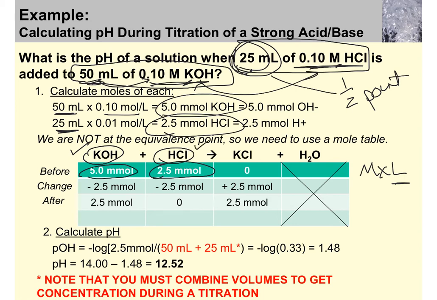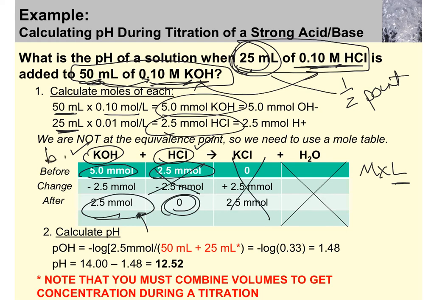So since HCl is the limiting reactant, it's going to disappear first, and we're going to have some KOH left over. And you can really ignore the salt that's formed in a strong acid-base reaction because it doesn't affect the pH. I just had it there to help you visualize what's happening. So once you know what substance is left over and how much, we can easily find the pH.